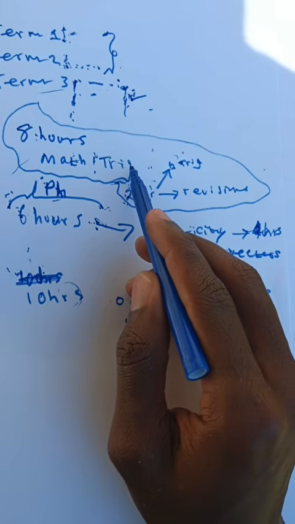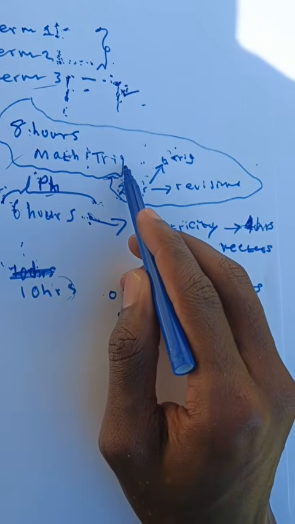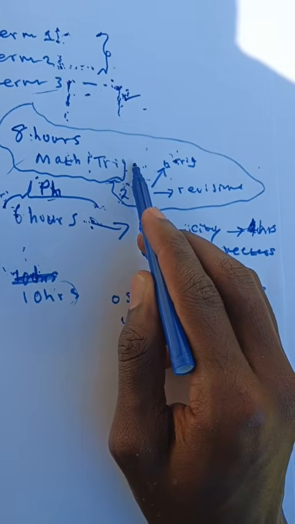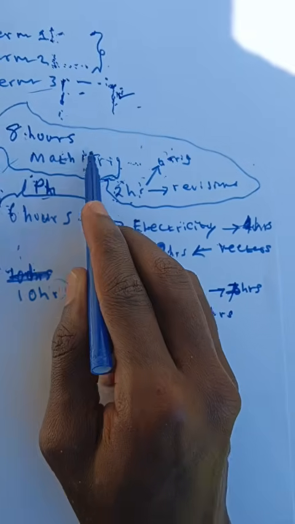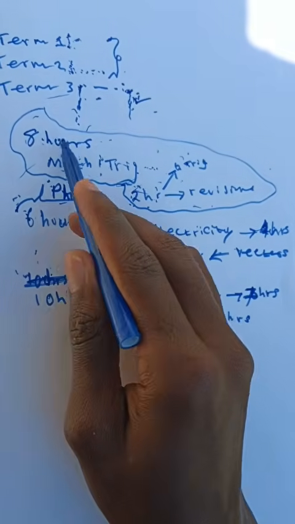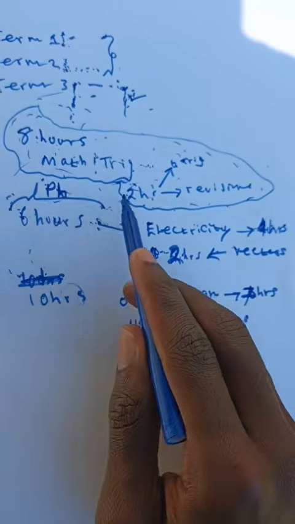Look, imagine you have 2 months remaining to the final paper. Imagine you are studying maths, and let's look at this plan here. Whenever you're studying maths, you're following this allocation.